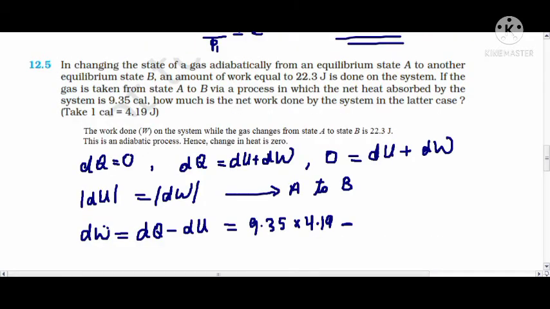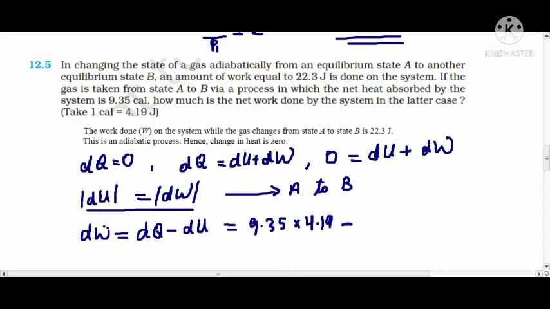So look at the first adiabatic process and the second process. In both the cases, system changes from A to B. As the system changes from A to B in both the processes, the change in internal energy is same. That is, the change in temperature is same for both the processes. As the change in internal energy is same, and we have already calculated the change in internal energy in adiabatic process, which is equal to the work done, and that is given in the question, 22.3 joule.